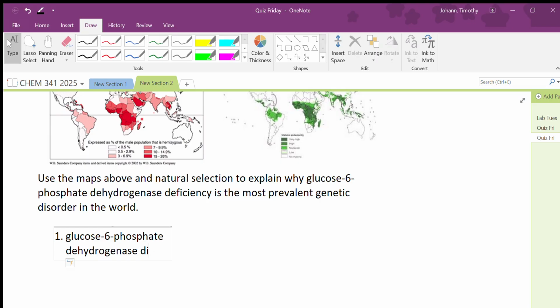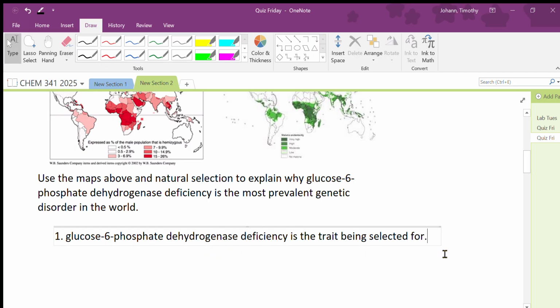Deficiency, thank you. I was thinking that myself. It's not disorder, it's deficiency. Is the trait being selected, what's the next word I put in? For, right.